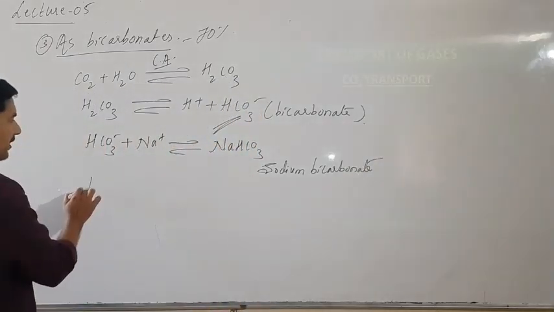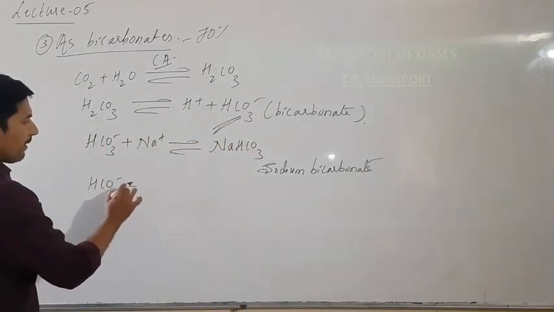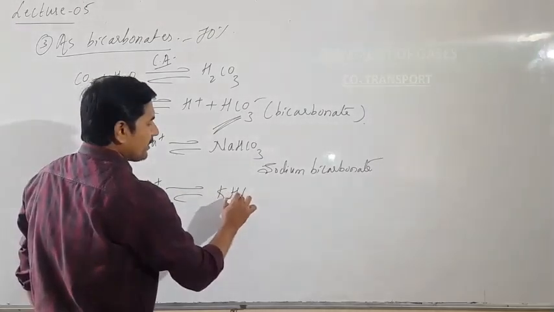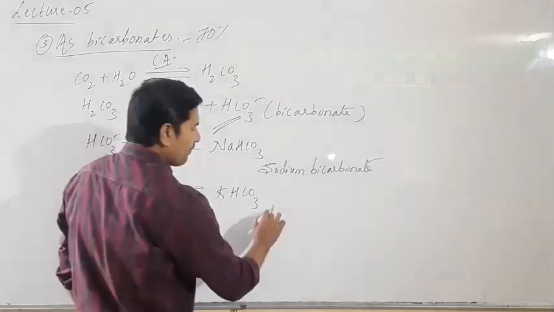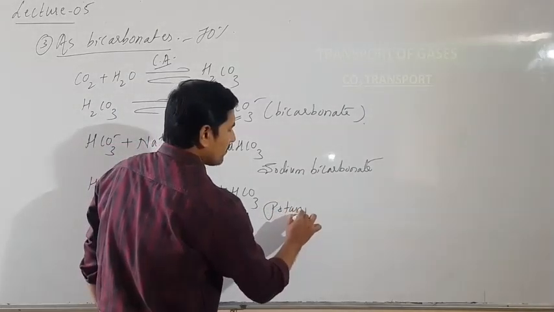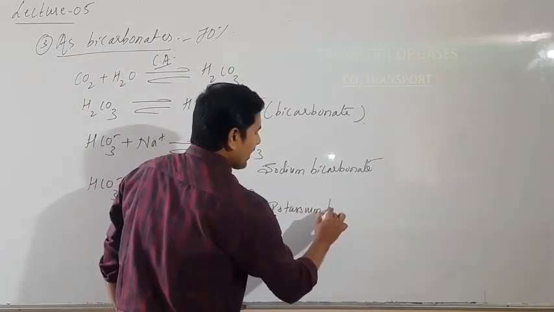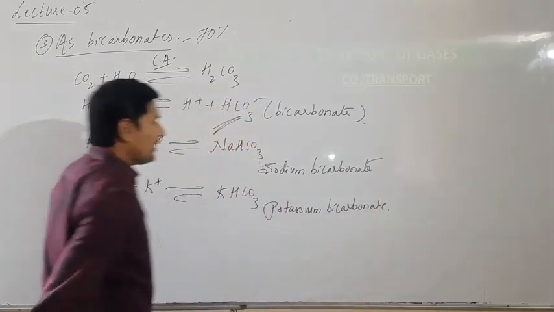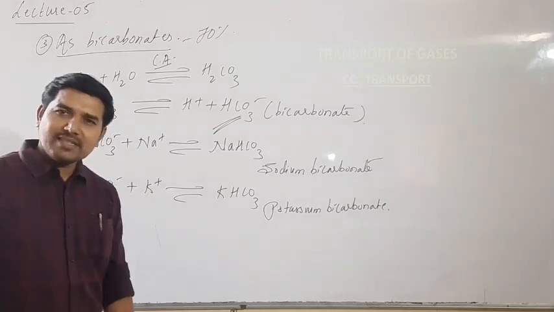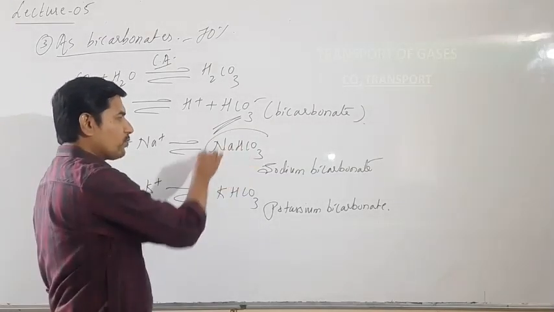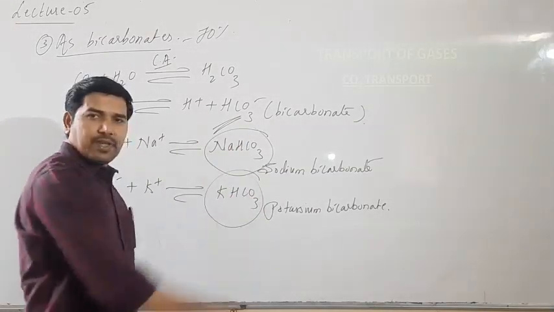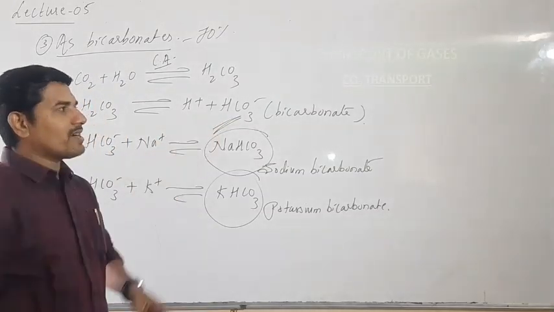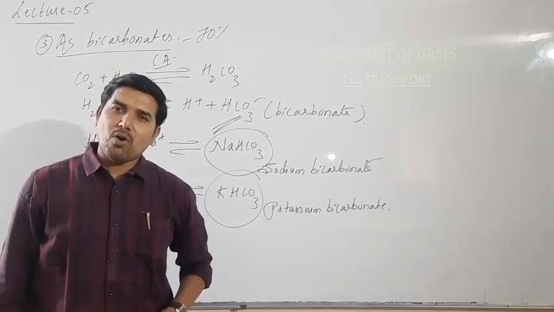And similarly, these bicarbonate ions will combine with potassium ions to form KHCO3, which is called potassium bicarbonate. That means 70% of the carbon dioxide is transported in the form of sodium bicarbonate and potassium bicarbonate towards the lungs. This is how the transport of carbon dioxide occurs.